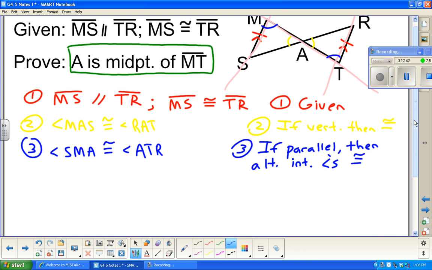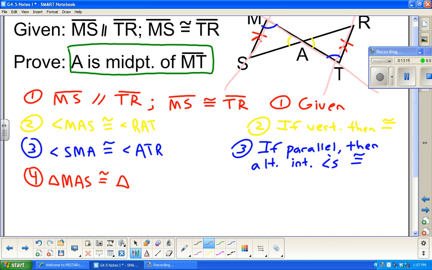Okay, do we have congruent triangles? We have two angles and a side. We have angle, angle, side, because the side is not the included side. So we have two congruent triangles. Let's name them carefully. Triangle MAS is congruent to, now we gotta name this one, we gotta match it up. Look at the angles.